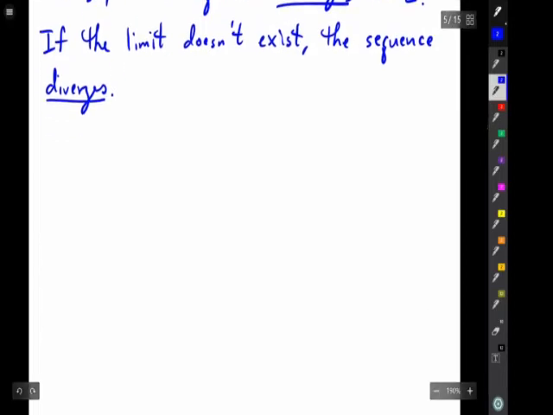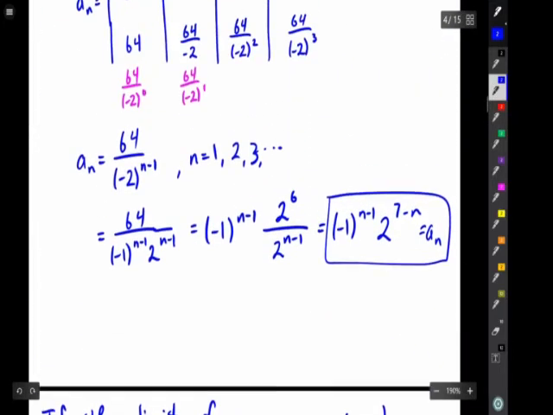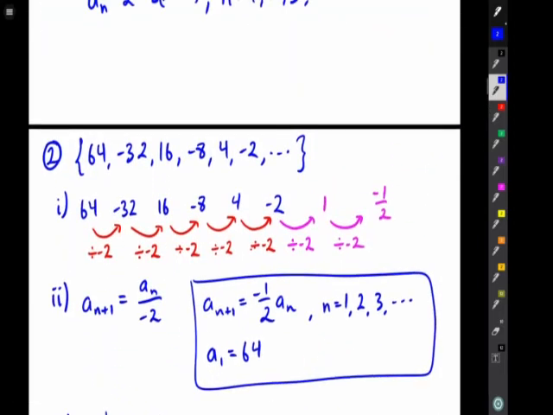So given an explicit formula, a_n equals, really an explicit formula is just a function of n, if you think about it. Think about all the examples back here.